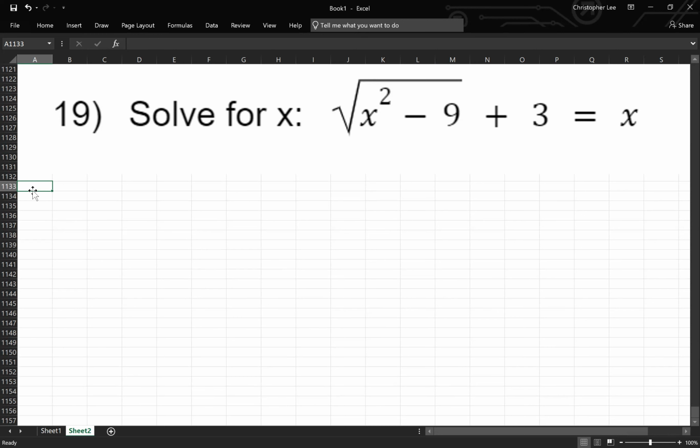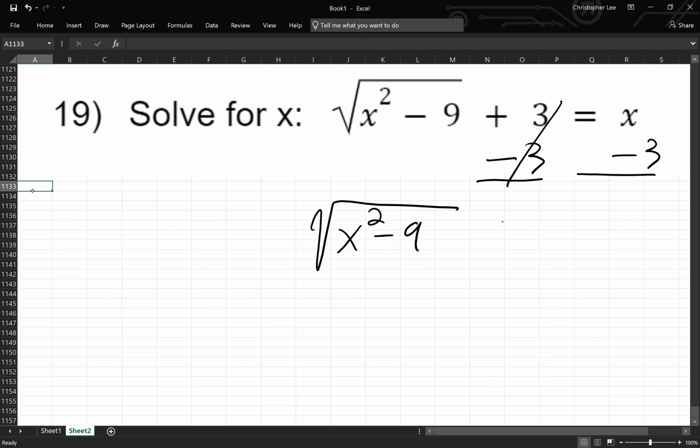Say it again. Times 3, minus 3, good. What I do to one side, I gotta do to the other. So now I have square root x squared minus 9 is equal to x minus 3. What do I do after that? Put the parentheses to the two powers. Right, so I'm gonna square both sides to get rid of the square root.